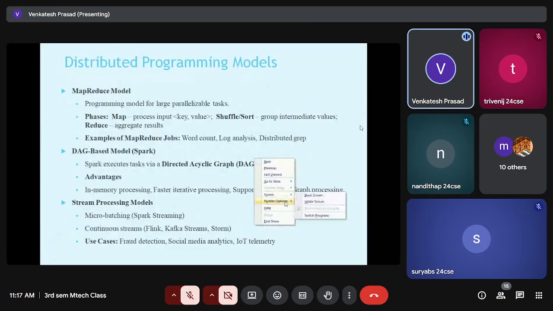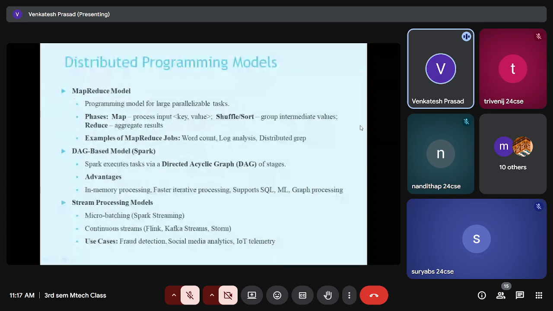Yeah, there are some distributed programming models, just like parallel programming models. That's what is more interesting and relevant for this course, big data analytics. We don't bother much about parallel programming models. We want to see or learn about distributed programming models, which are relevant for big data analytics.